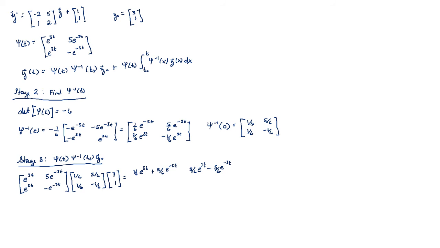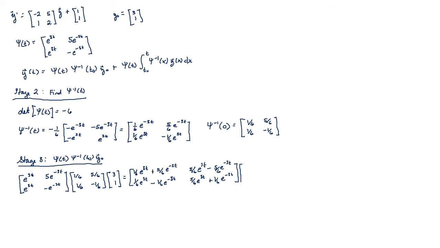Row 2, column 1 will give us 1/6 e to the 3t minus 1/6 e to the negative 3t. And then finally, row 2, column 2 will give us 5/6 e to the 3t power plus 1/6 e to the negative 3t power. And now we've got one more stage in our multiplication.